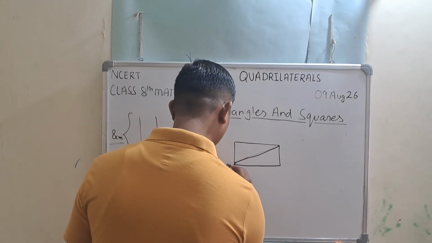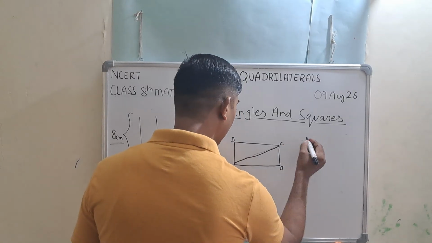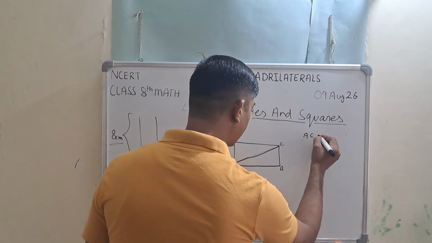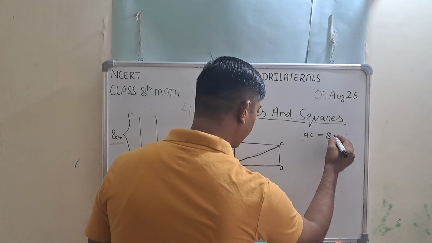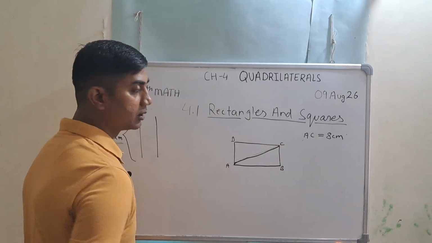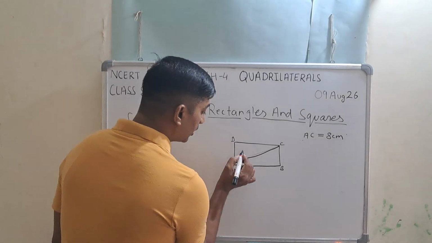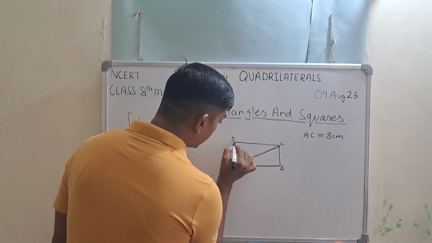Now this is A, this is B, this is C, and this is D, and AC is equal to 8 centimeter. This we have already drawn, and we have drawn a rectangle.